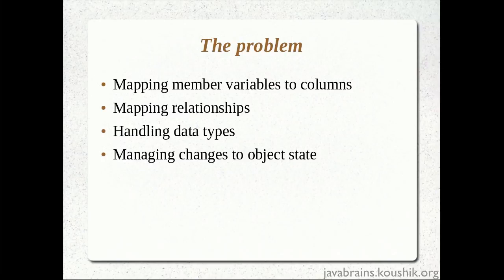It's tough to maintain these relationships and to maintain the whole object state, because what's happening on the relational side is completely different from what's happening on the object side. So there is this huge gap between a relational way of doing things and the object-oriented way of doing things. So what usually happens is, since we cannot change the relational part of it, we have to save this in the database.